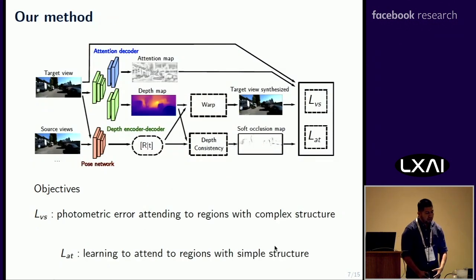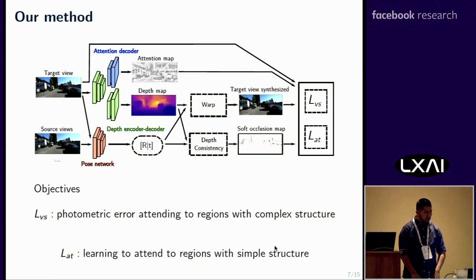To learn, we propose to use an attention map to measure the error contribution in every region. So in the original approach, we had a depth encoder-decoder, and we add an attention decoder that is connected with the depth encoder to produce an attention map.